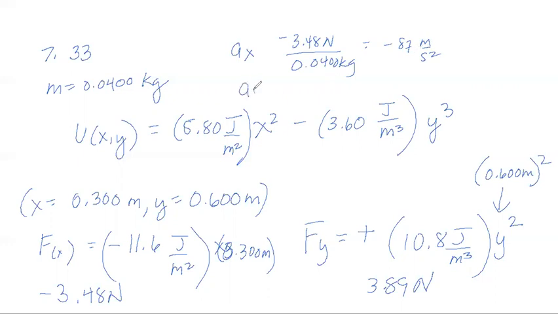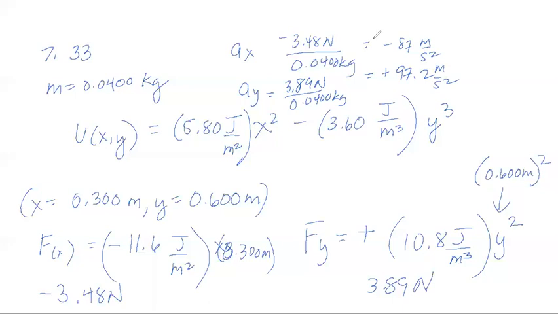And a sub y is going to be equal to 3.89 newtons divided by 0.0400 kg. A sub y is going to be positive 97.2 meters per second squared.